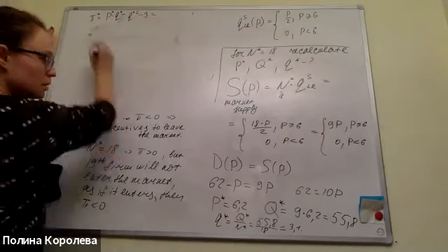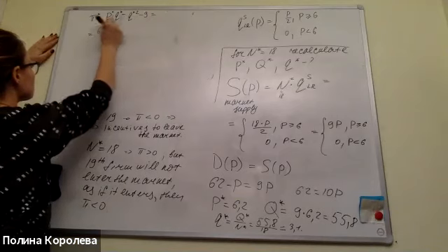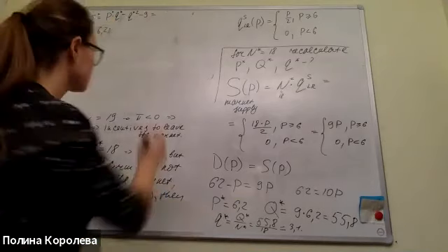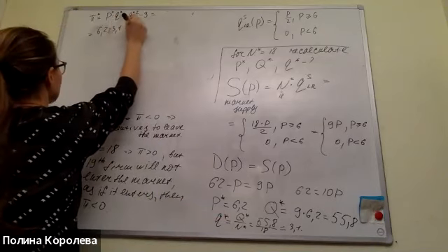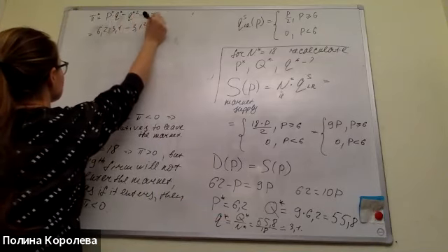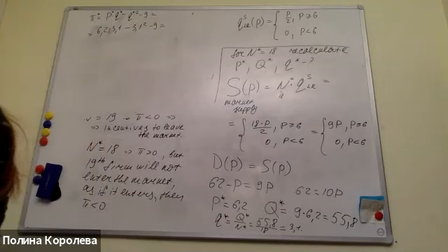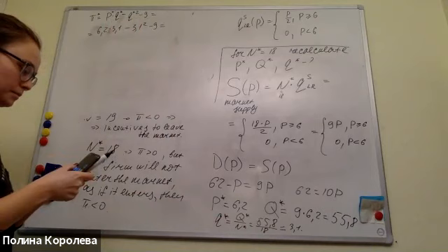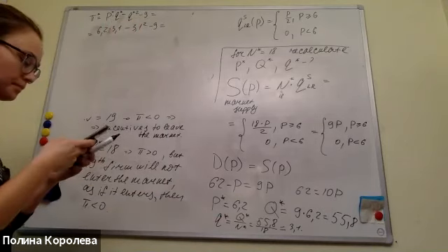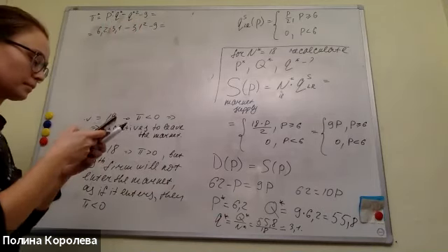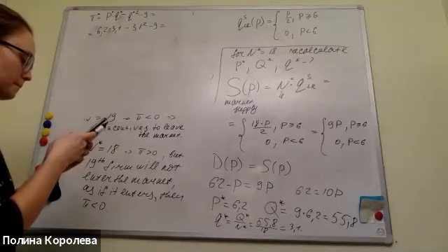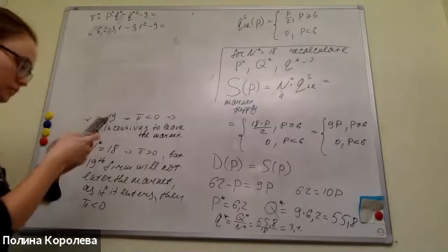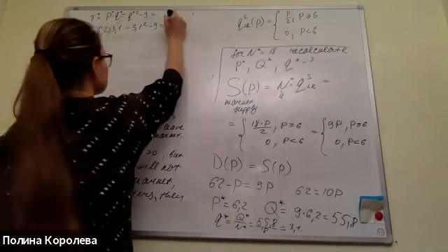This is 6.2 multiplied by quantity 3.1, minus 3.1 squared, minus 9. This is 0.61.